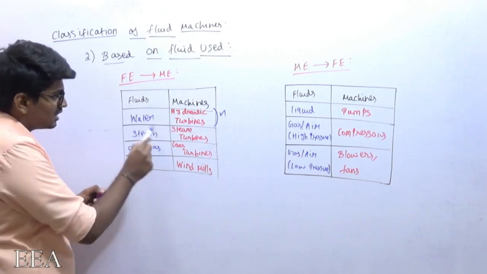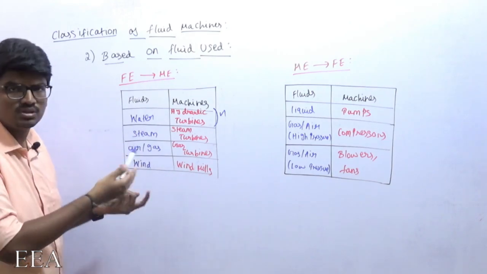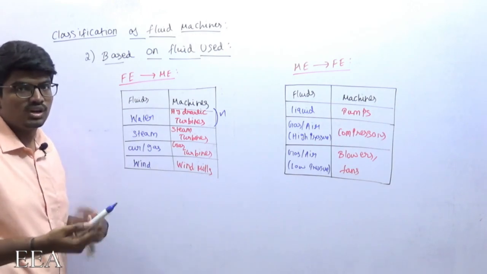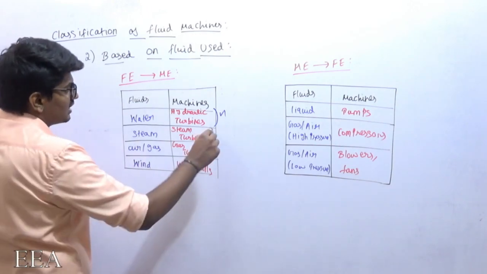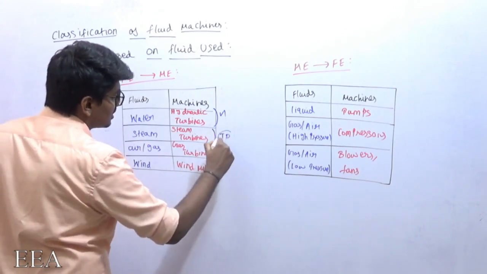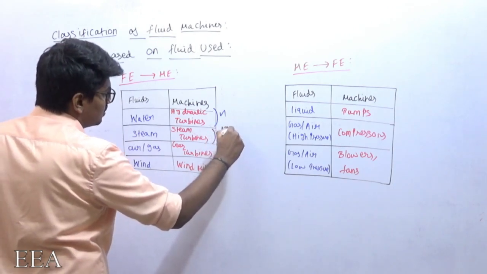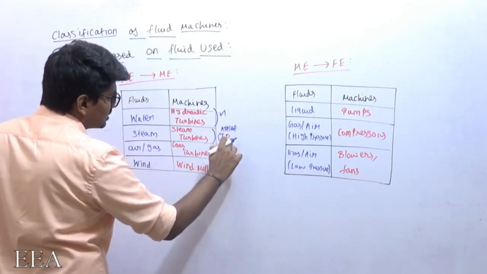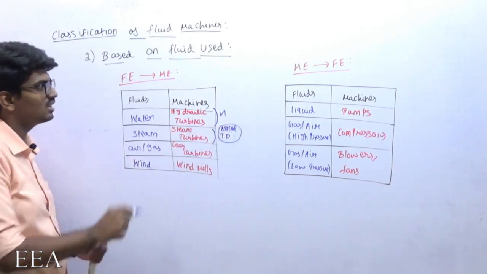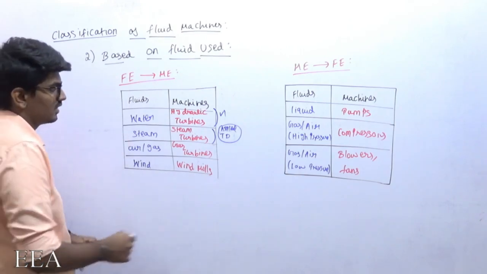And if I use steam, that is, the energy of steam is getting converted. Steam is also a type of fluid. If the energy of steam is used for producing work in a shaft, then I will call it a steam turbine, and this will be discussed in applied thermodynamics for mechanical students. So civil students, you don't have to worry about this.